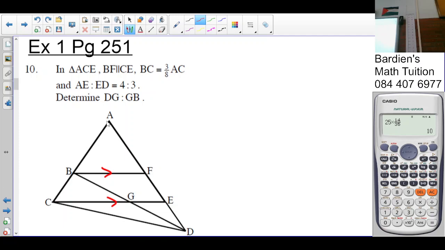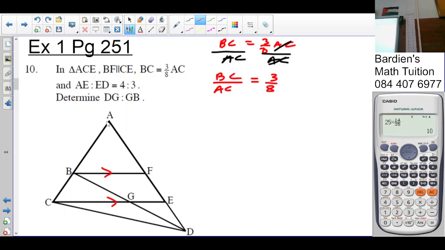Then we are told that BC is equal to 3 over 8 AC. So I say, hang on, that's not what we normally work with. We normally work with the variables over each other, the lines over each other, not so? So I'm going to divide both sides by AC. So that cancels. Now I got BC over AC is equal to 3 over 8.